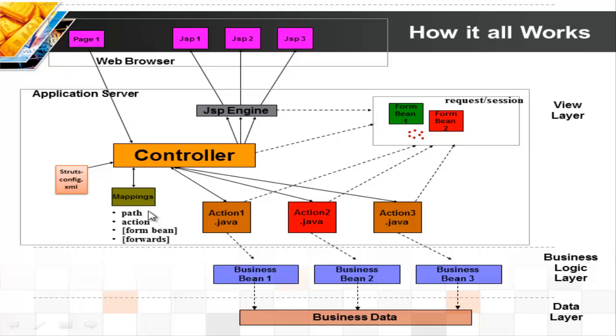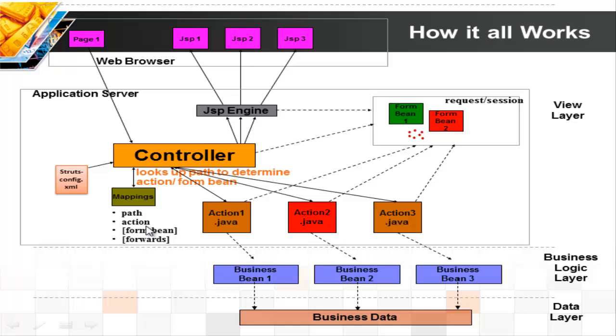Now, once it has created the mapping, let's assume that a user makes a request, and you know very well that if you want Struts to handle the request, it has to be given to the controller. So the user makes a request and it comes to the controller. The controller will check the mapping here.